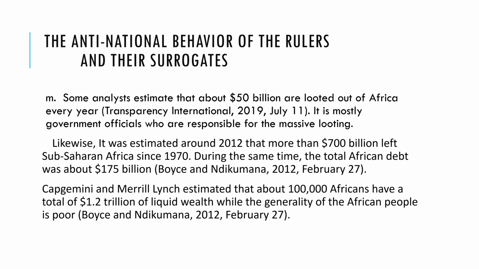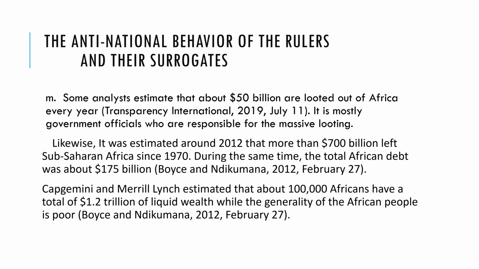Some analysts estimate that about $50 billion is looted out of Africa every year. It is mostly government officials who are responsible for the massive looting. Likewise, it was estimated around 2012 that more than $700 billion left sub-Saharan Africa since 1970.